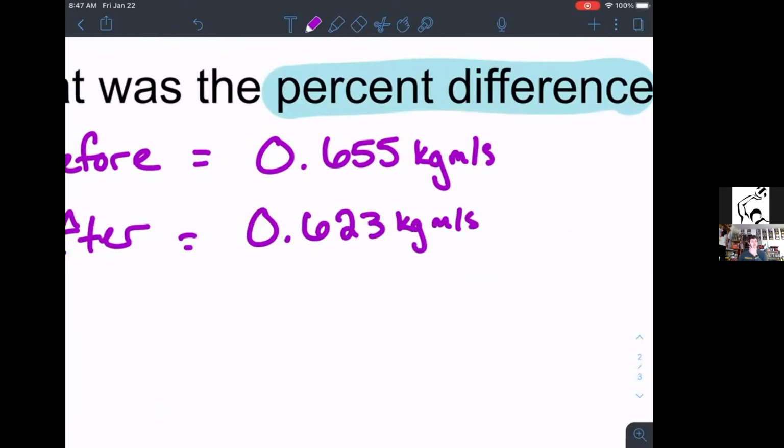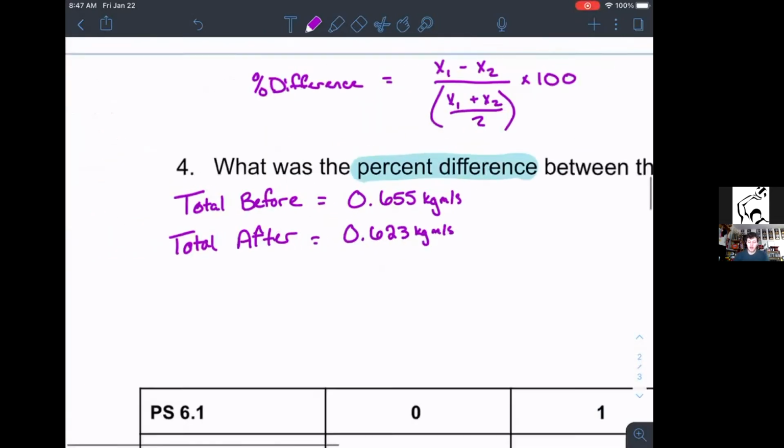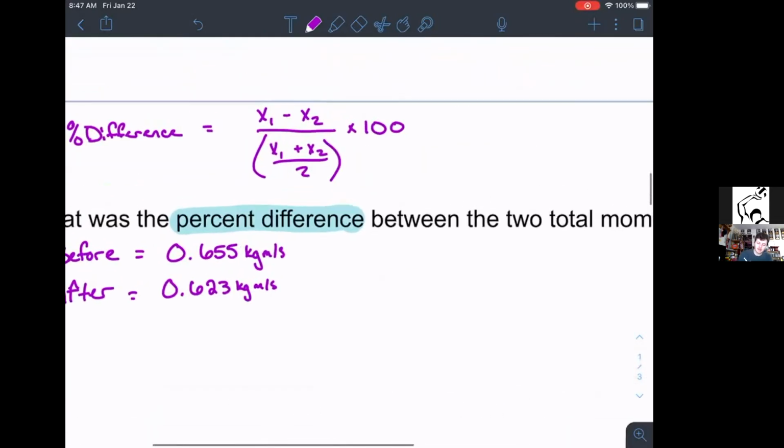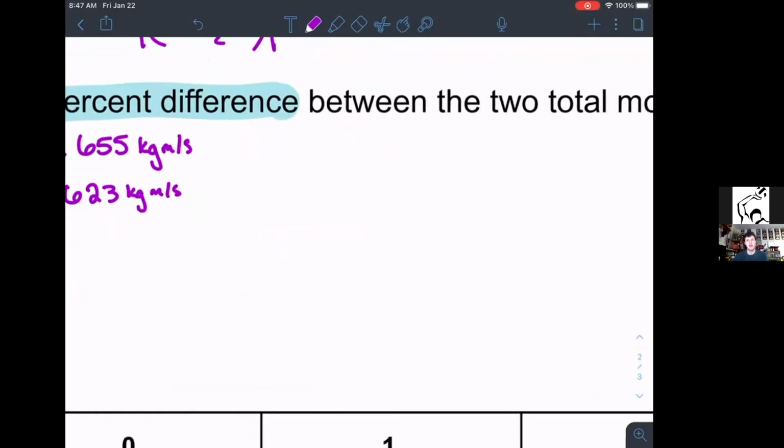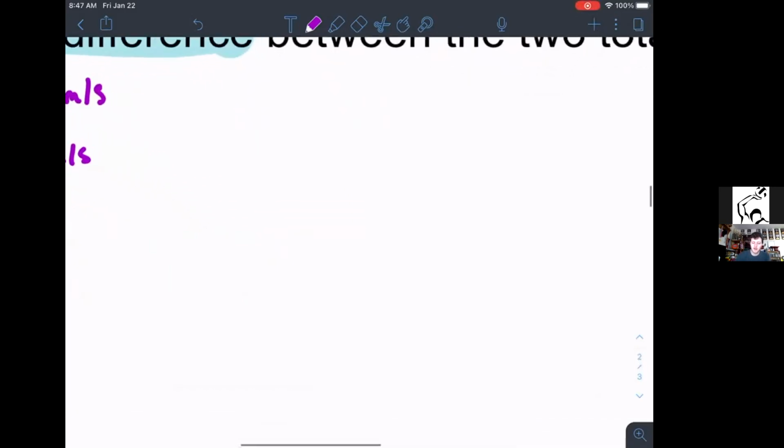Now we can take our percent difference. Technically there are absolute values here because we want to make it positive. It doesn't matter which one goes first in this case. So I'm just going to put the larger one first to make sure it's positive either way. So I'm going to do my 0.655 minus the 0.623.